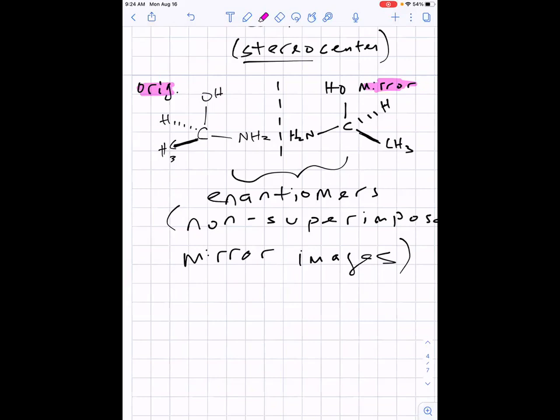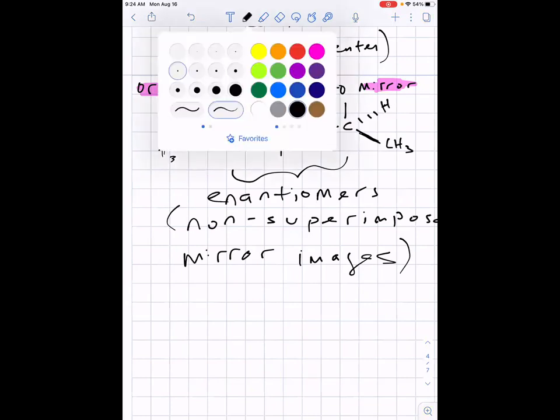Yeah. So I like to think about this, and I've been teaching this forever. I talk about it the same way. It's like if I put a spatula underneath the mirror image and flipped it over like a pancake. That's the idea of trying to superimpose them. So I'm going to draw the mirror image in a different color just to make it make sense.